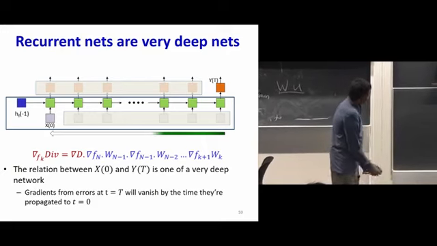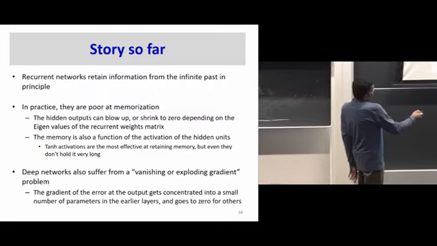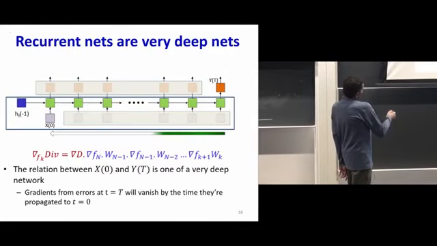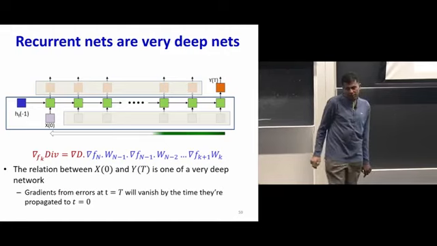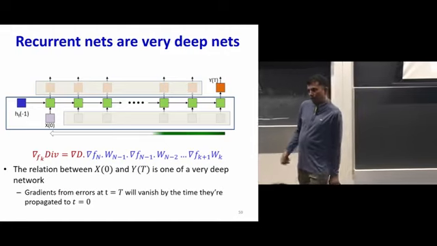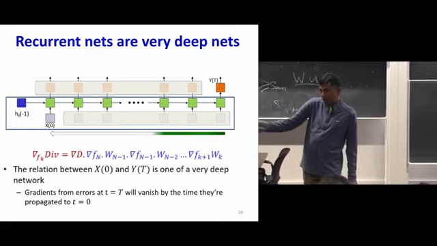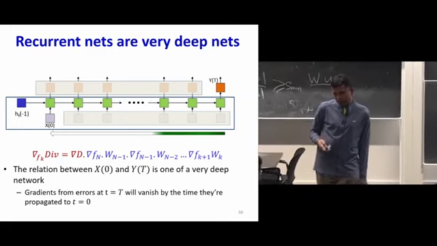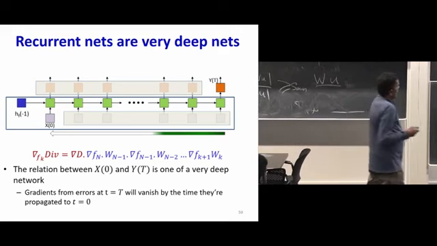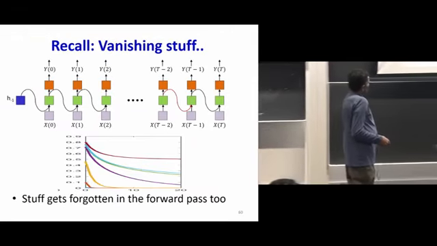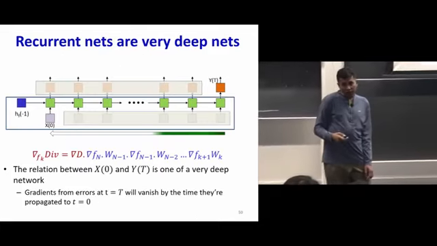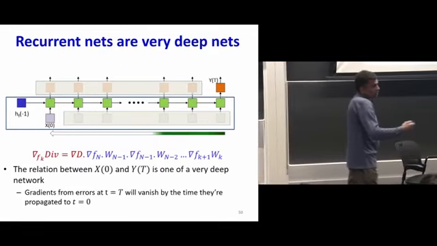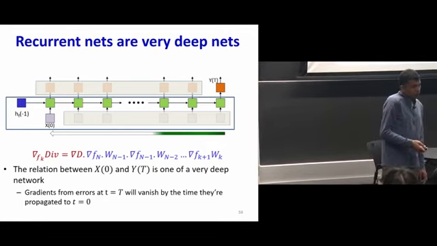What this means is that if I want to find out how much of the error that happened at this last time is attributable to an input that happened at this time, I have no way of doing it. By the time that gradient is passed back to the input, it's going to either vanish or blow up, right? For standard deep networks, you may stop after 20, 30, or 40 layers.